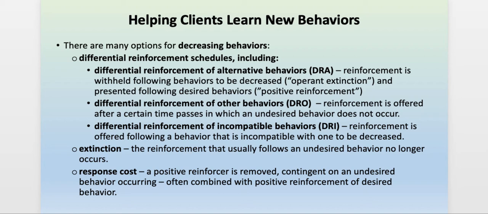You keep trying and you try harder and harder and you find new ways to try to get that candy by kicking the machine and shaking it. That's what happens with extinction a lot of times. You have to prepare your client for that when they're going about extinguishing a behavior. Extinction means simply not responding, not providing the reinforcement.